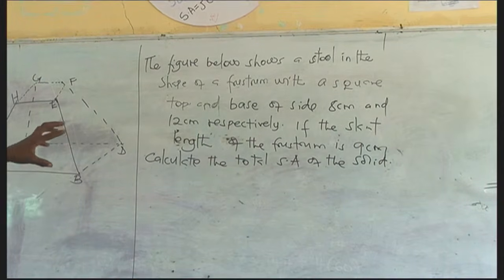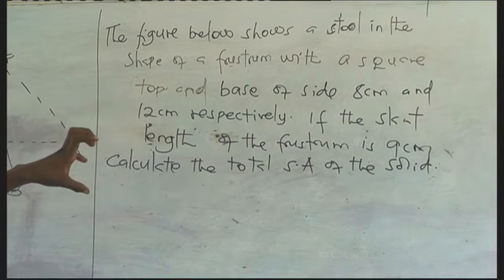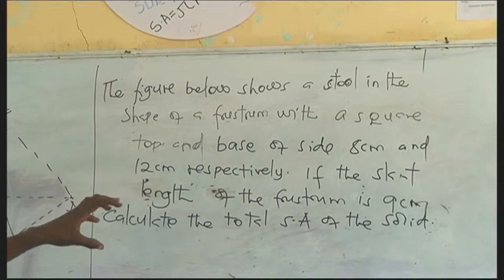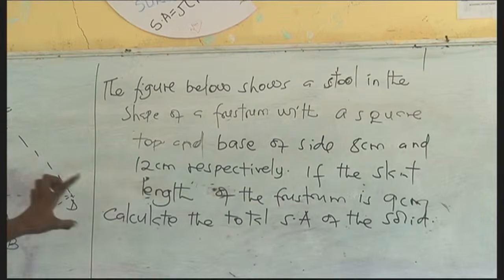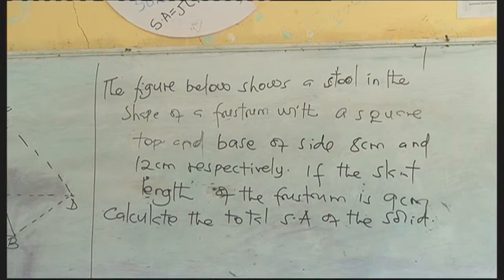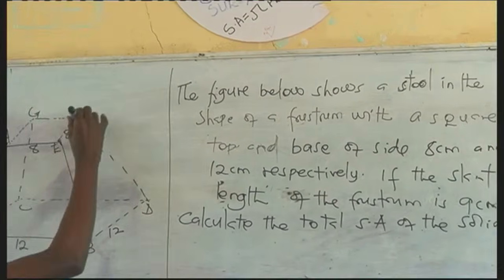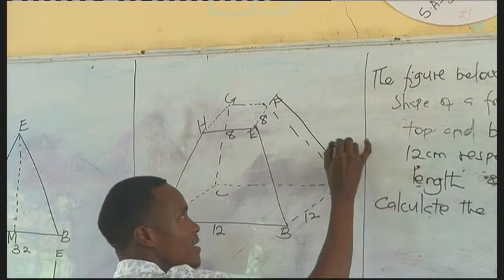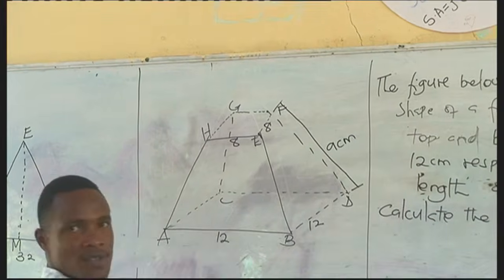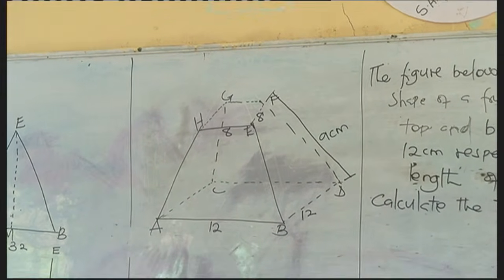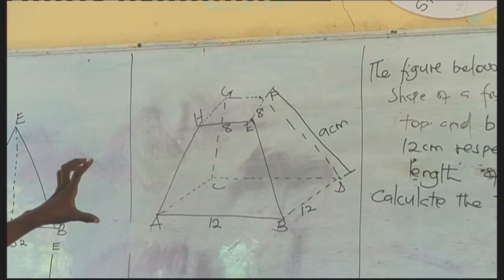The figure below shows a stool in the shape of a frustrum with a square top and base of side 8 centimeters and 12 centimeters respectively. That means this is 8 by 8, this one is 12 by 12. And when they tell you the slant length is 9, they mean this here is 9 centimeters. That is now the skeletal figure of what we have.